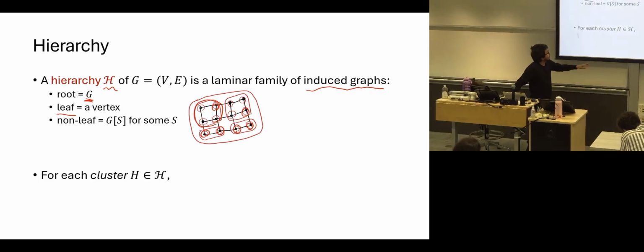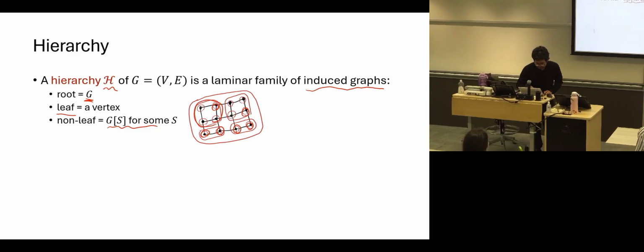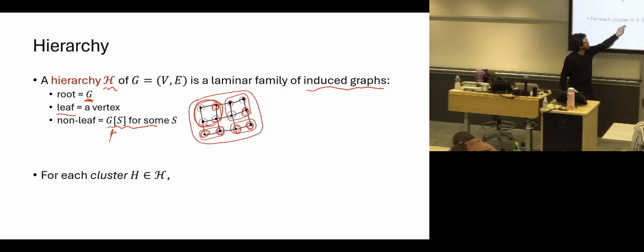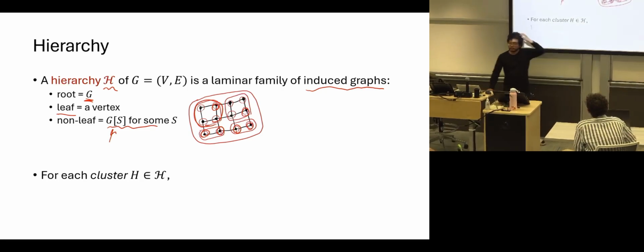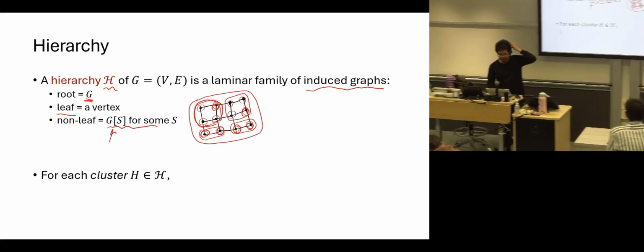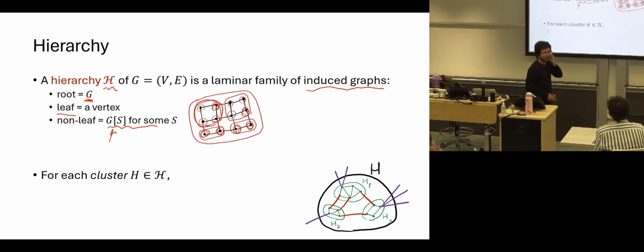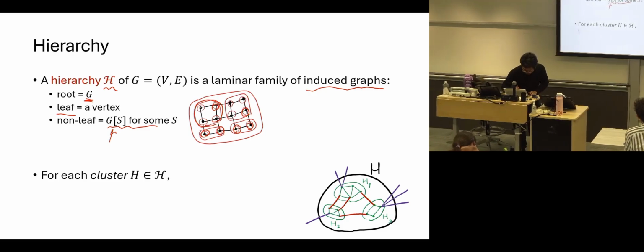And for each of these graphs, I call it a cluster. So G induced by S, I call it a cluster. Each cluster H is in the hierarchy H. Is S some set of edges? Oh, S is a set of vertices, sorry.